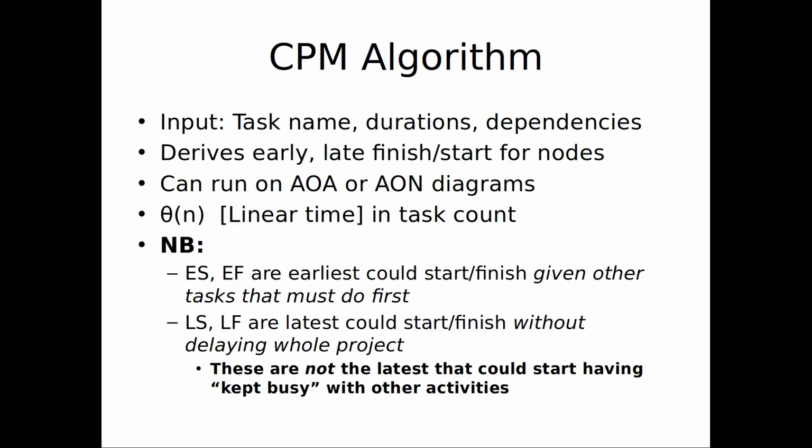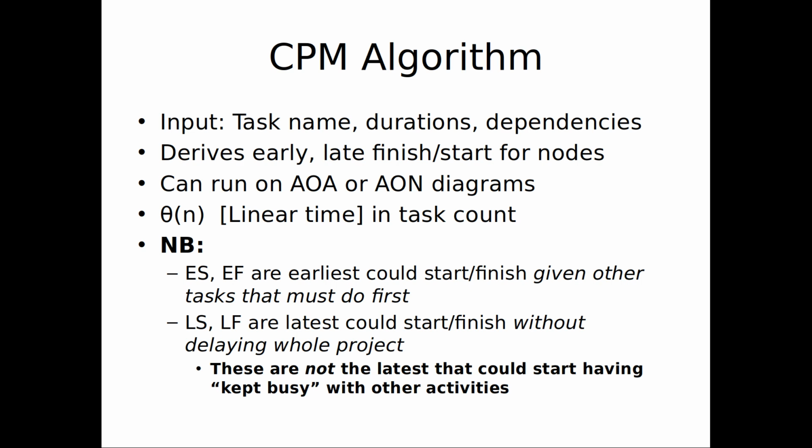Okay. So I want to communicate the CPM algorithm at its most basic. And there's a high likelihood I may ask you on the final exam to undertake a CPM example. So it's worth paying attention here.